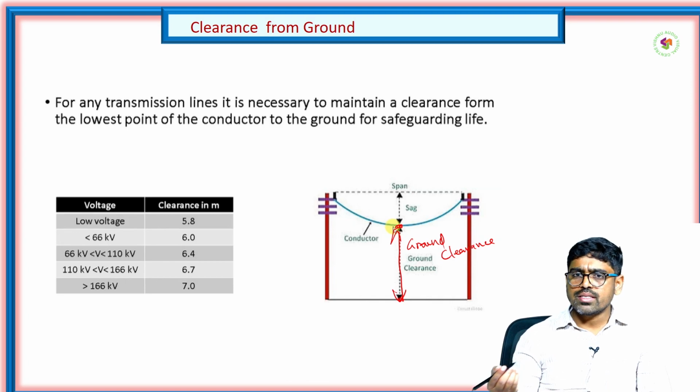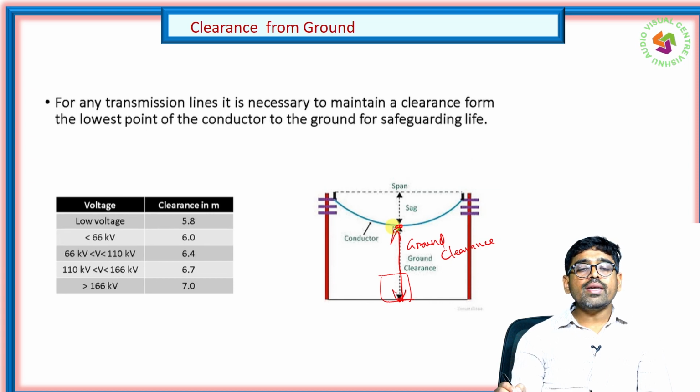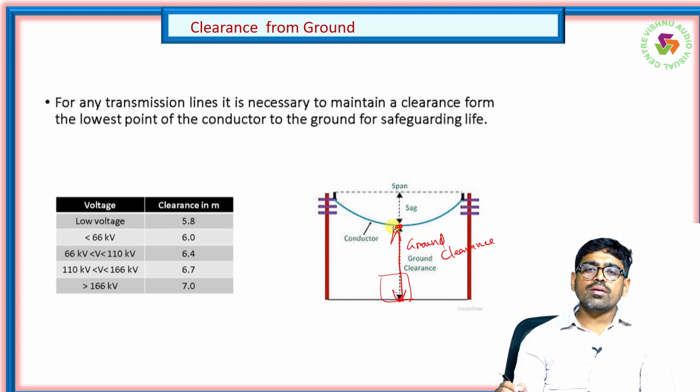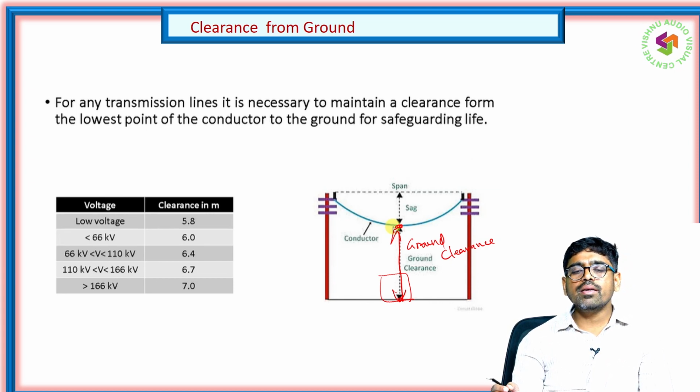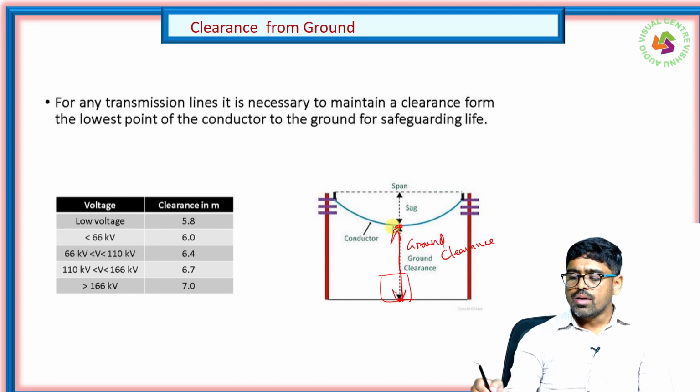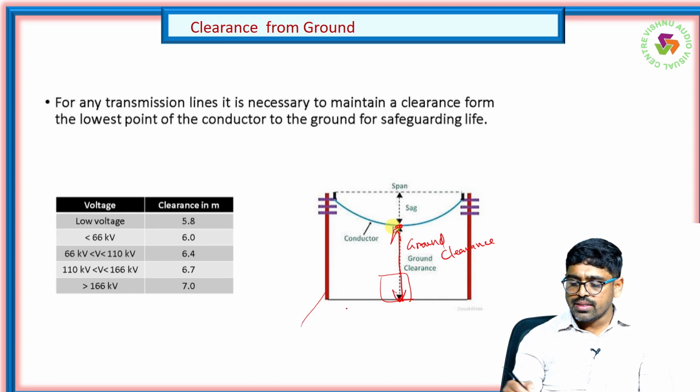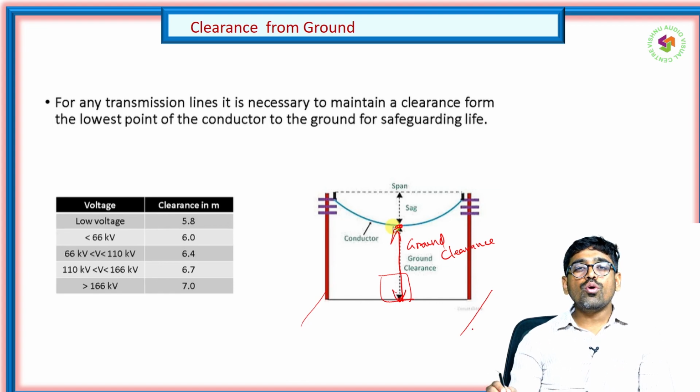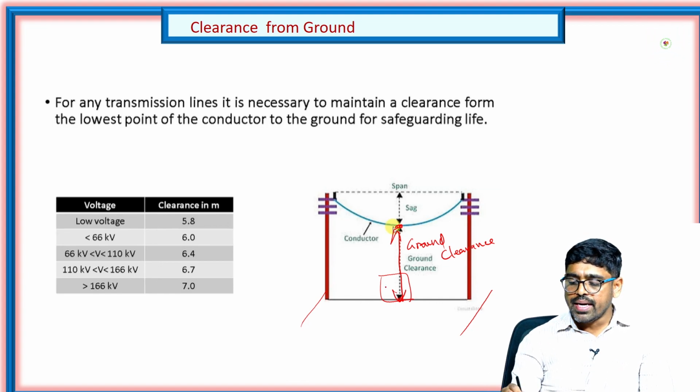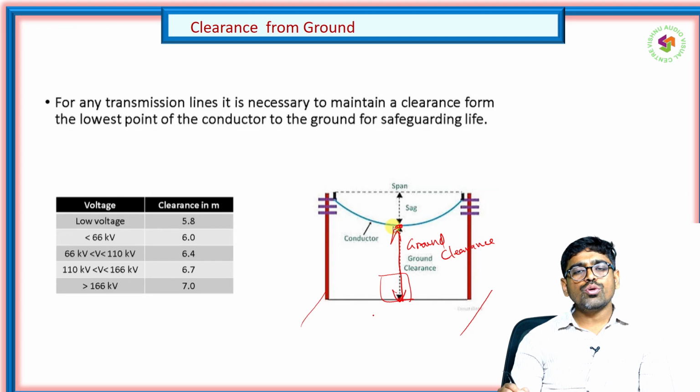Suppose you are constructing a building downstream at this location. The transmission line authorities will take a sign-off from the landowners, because no one can construct any building at this particular location. So they will take a clearance from the local people.